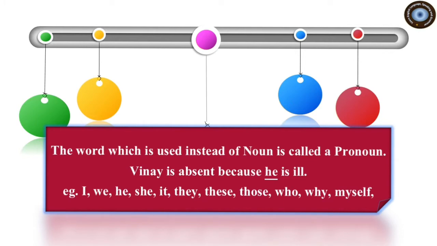There are different examples of pronouns, for example, I, we, he, she, it, they, these, those, who, why, myself, etc. So let's see what role they play and what the different types or kinds of pronouns are.